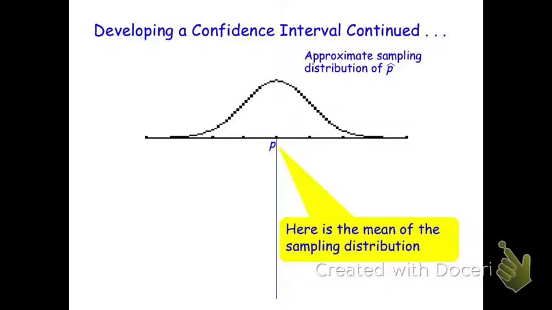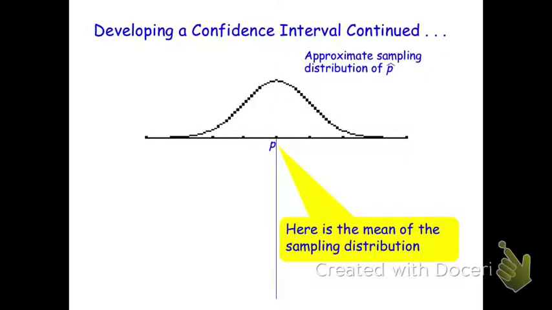Zero is in the middle, and then it branches out 1.96, 1.96. Within means on each side. Let's keep going, okay? We just get through it and you will understand it. I promise.